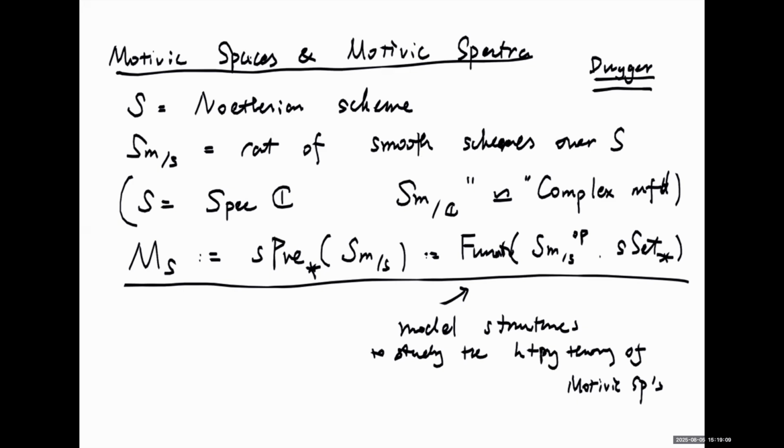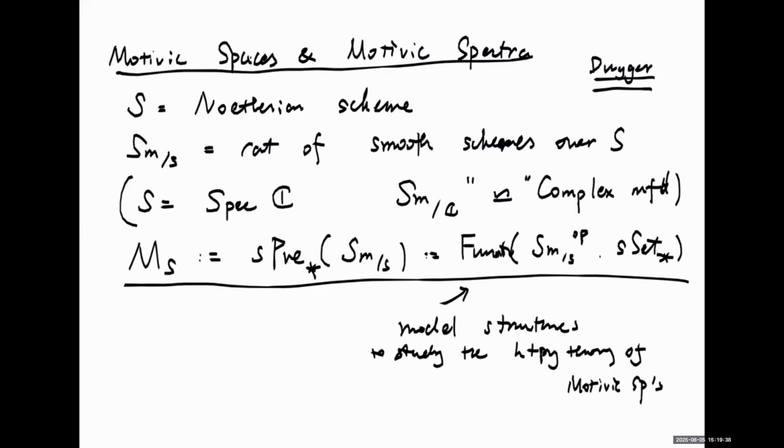And we'll give some stable version of the model structures as well, the linearized version of motivic spaces, which will be called motivic spectra. Okay. Any questions before I move on to the details?